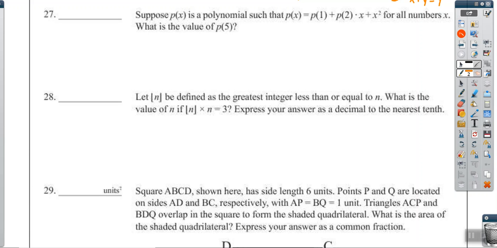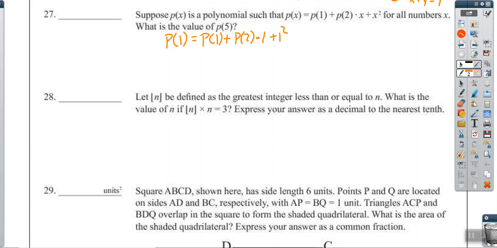All right, so let's find what p of 1 is. Let's plug in 1 for x. So this is equal to p of 1 plus p of 2 times 1 plus 1 squared.